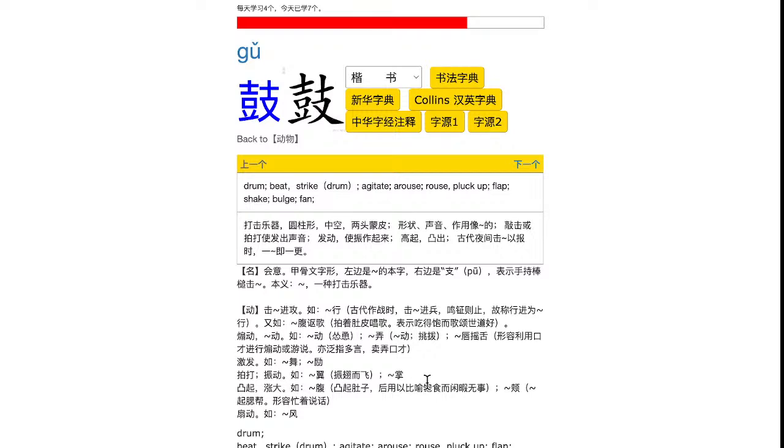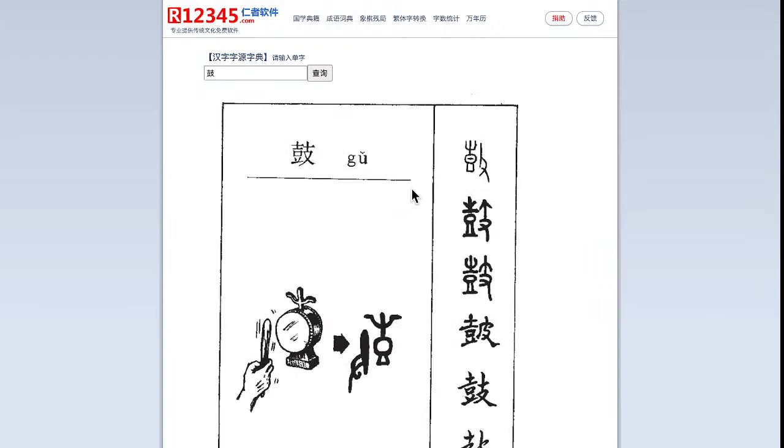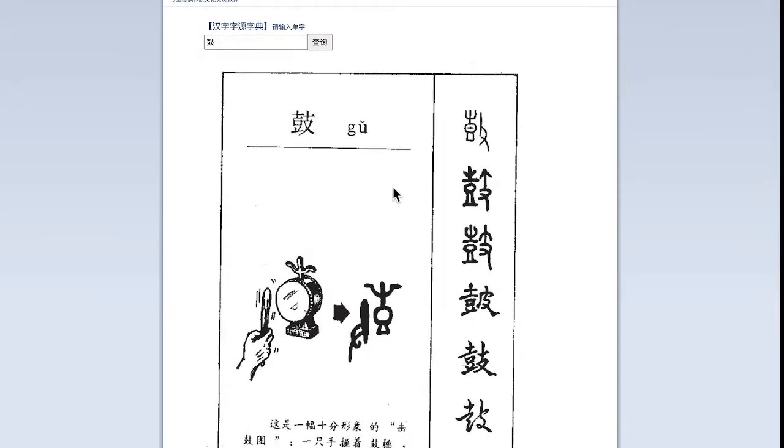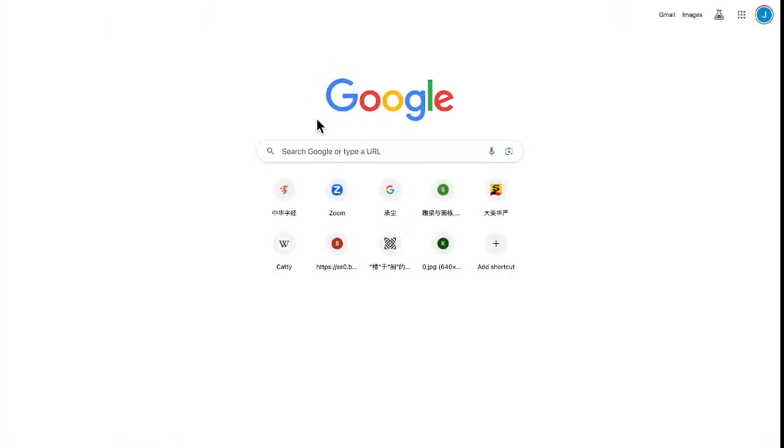Okay, so this is this character, 鼓. If you look at this character, it should be quite easy to remember. You can see that the left hand side looks like a 鼓. Let me look up, I should put a picture in it.